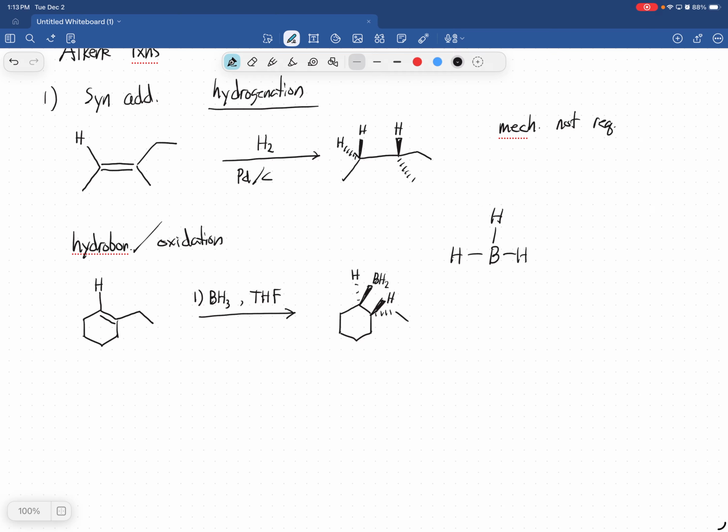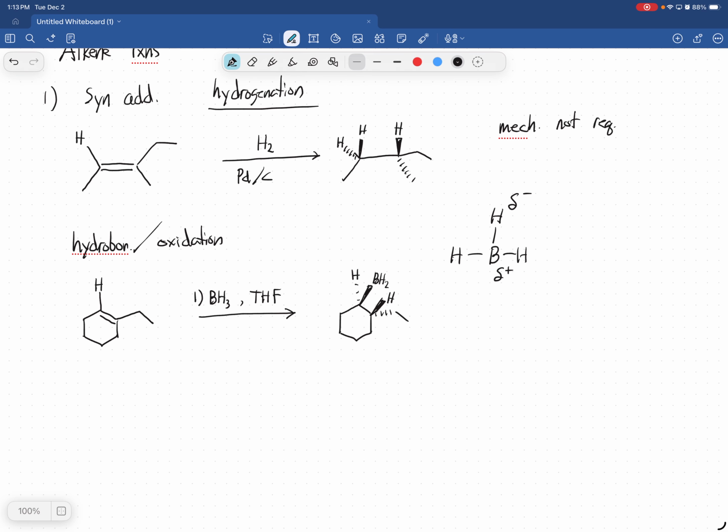Okay. All right, so we look at our electronegativities. So just jot this down. Hydrogen is slightly more electronegative than boron by like 0.1. Okay, so hydrogen here, partially negative. Boron partially positive. And that's because boron doesn't have an octet, so it doesn't like those electrons. So it's not really electronegative.